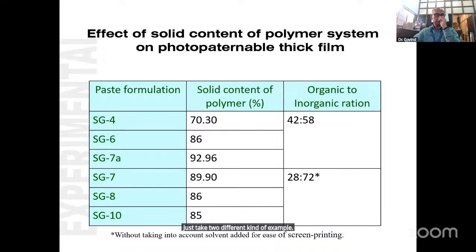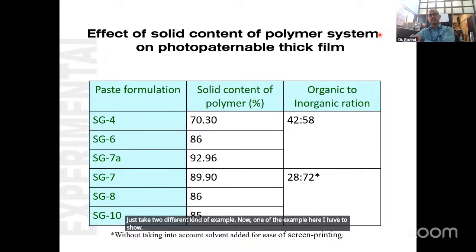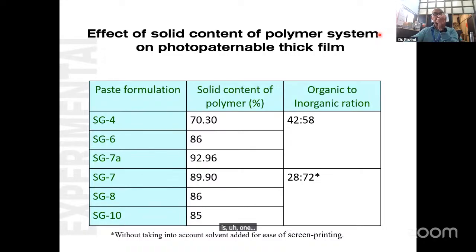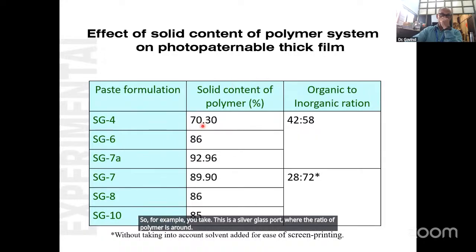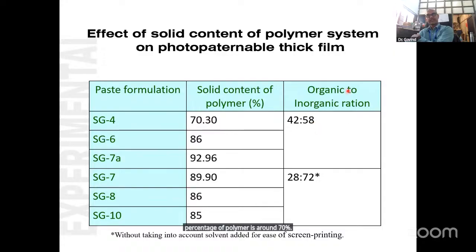In one example, the composition has an organic polymer, which is a functional material, with silver added in that, and there is some glass also, with a particular ratio. For example, take this silver glass 4, where the percentage of polymer is around 70%, and there is glass, so the organic to inorganic ratio is around 42 to 58.